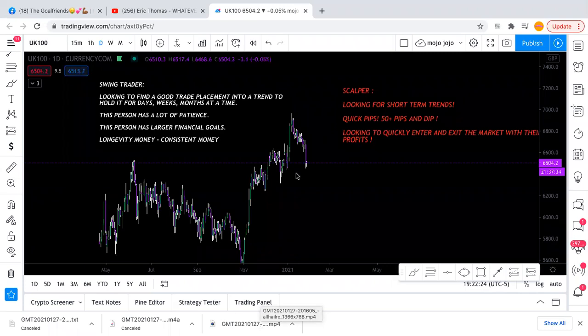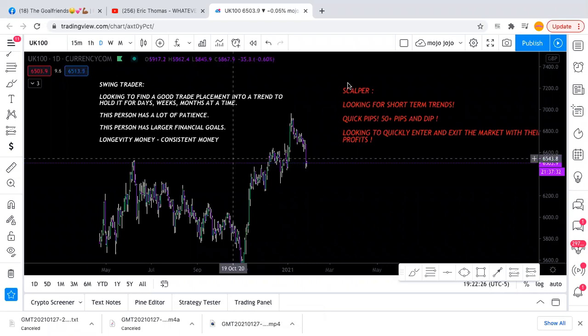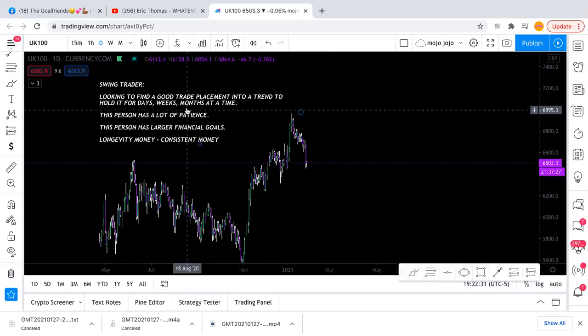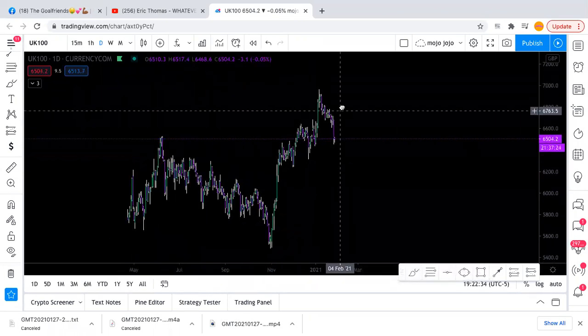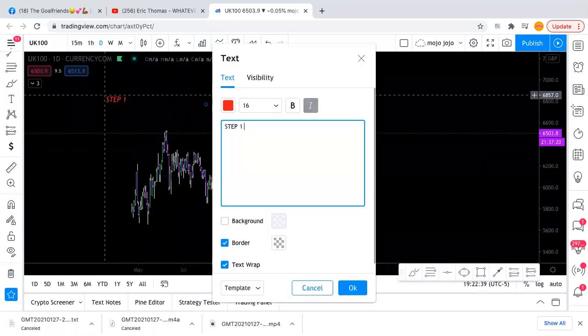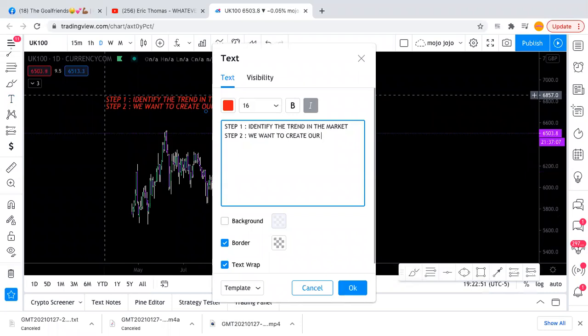Okay. So now that we have identified ourselves as traders, let me show you guys how to swing trade. Then we're going to get into scalping because that's my favorite thing. So first things first, when you want to mark up your charts, step one, we want to identify the trend in the market. Step 2, we want to create our analysis from the higher time frame on down.